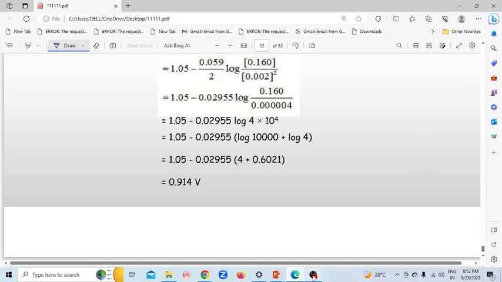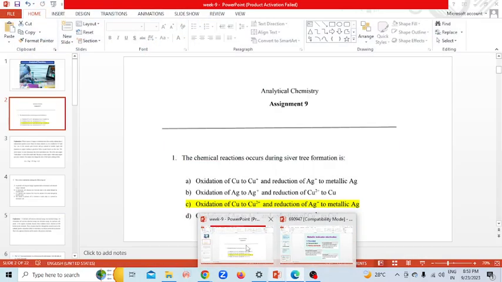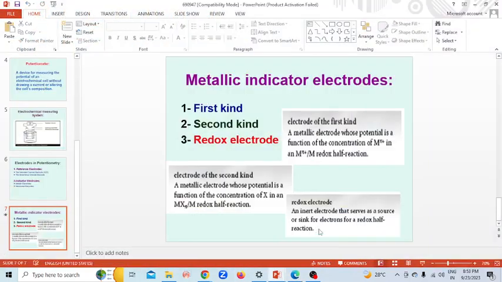Second kind, calomel electrode, means what?